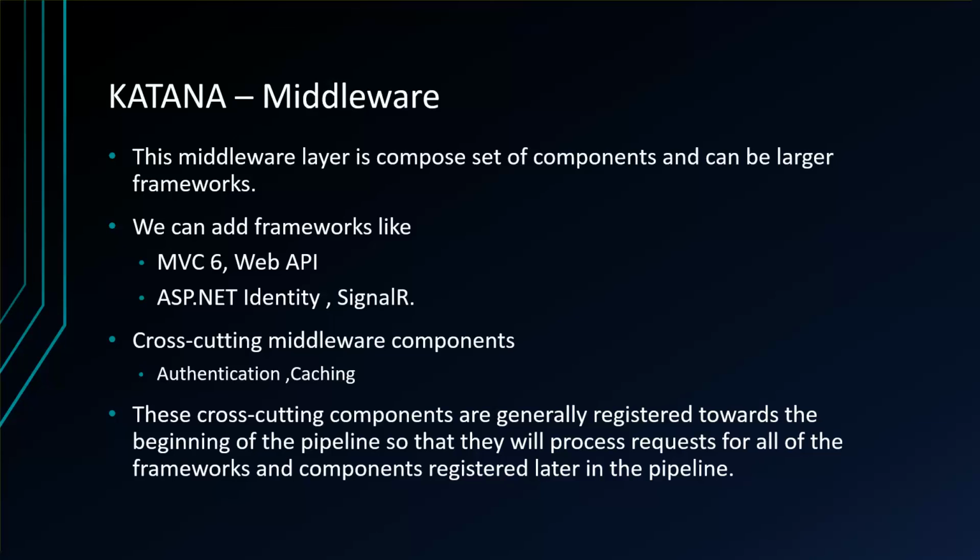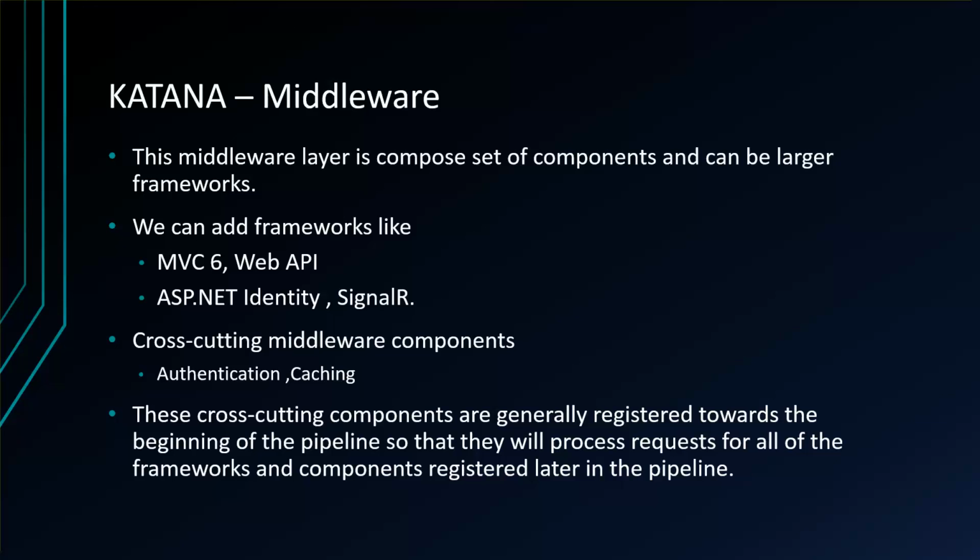And there are some non-functional middleware components like authentication, authorization, caching, error pages, static pages, browser links. These cross-cutting components are generally registered towards the beginning of the pipeline so that they process the request for all the frameworks, and components registered later in the pipeline are fine. That means the middleware is a composable set of components.